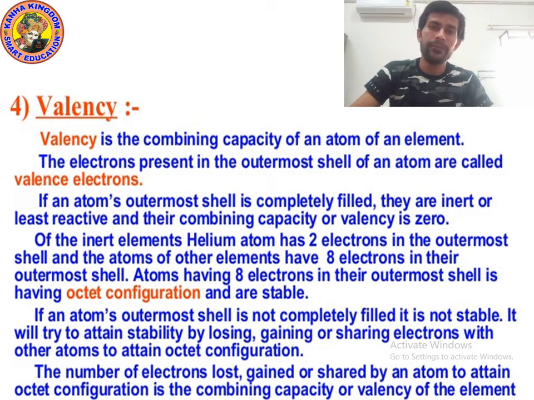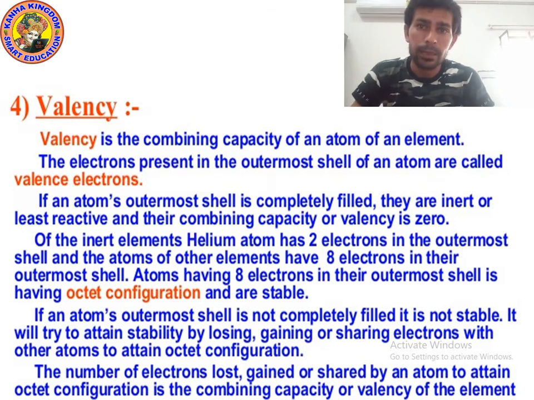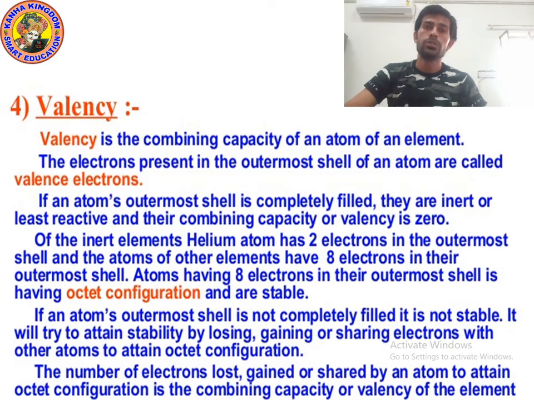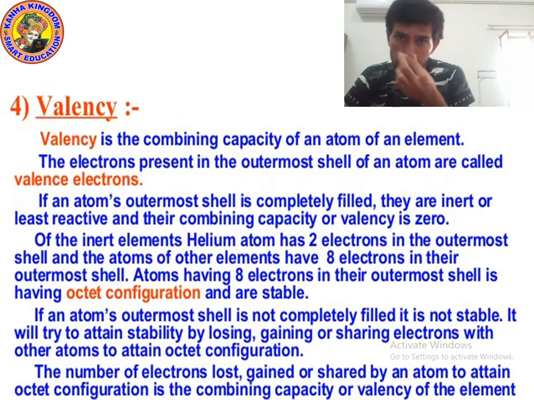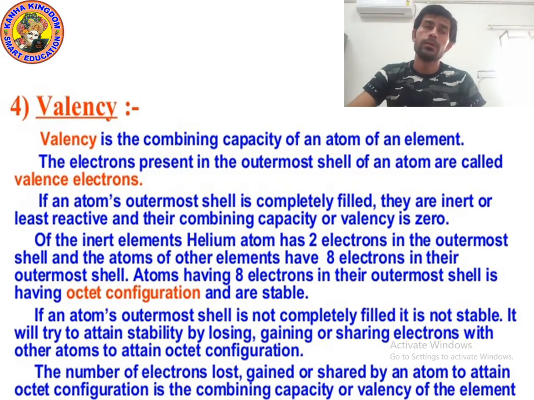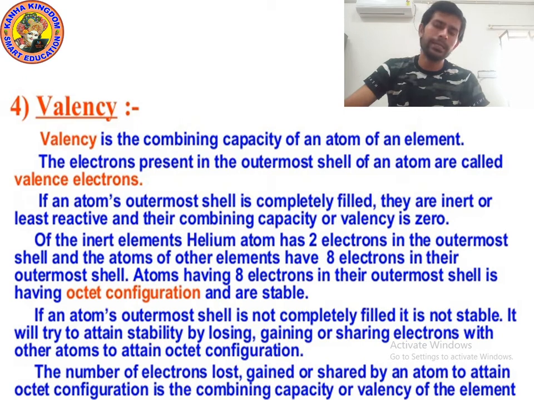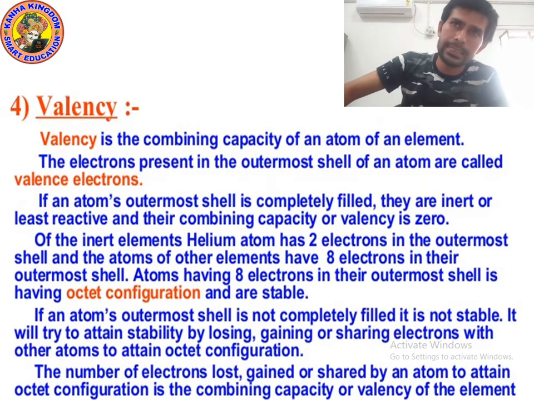In the L shell we can fill a maximum of 8, but for lithium only 1 electron is present. So the valence electron for lithium is 1. I will show you the index again so you can easily understand.